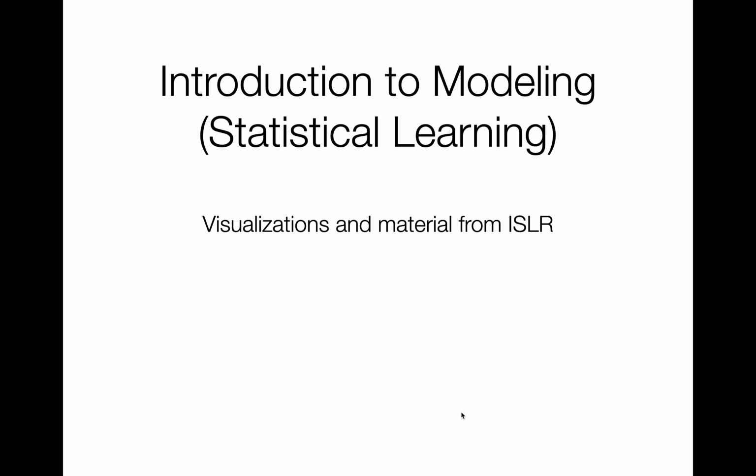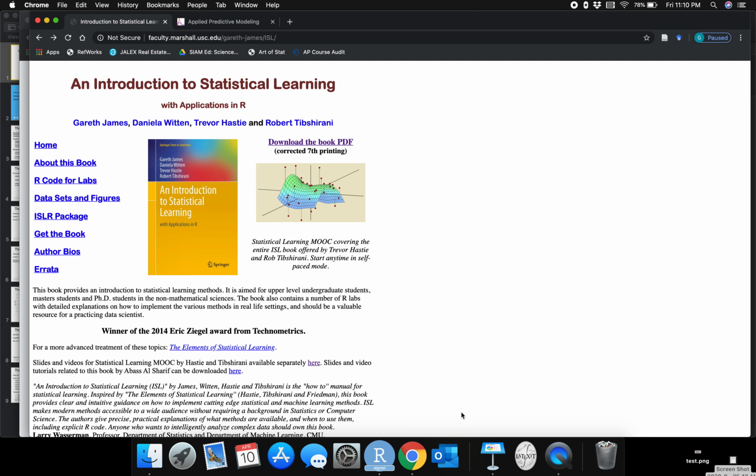Now, ISLR. I'm going to stop showing the slides and go to the internet here. If you type in ISLR and click on the first link, it's going to bring you to a page about the book. If you look up here in the top right, you can download this book for free.